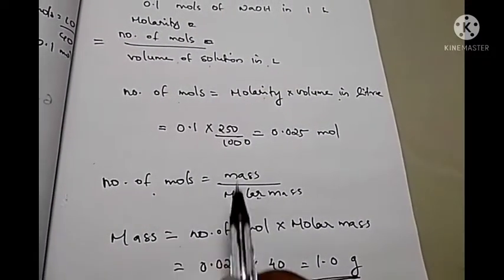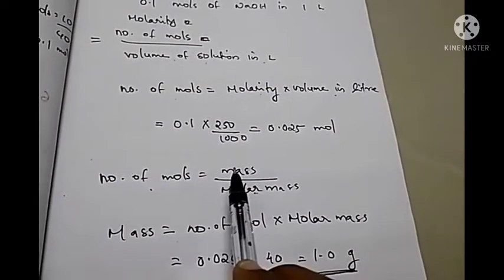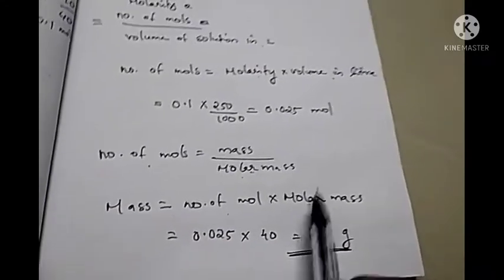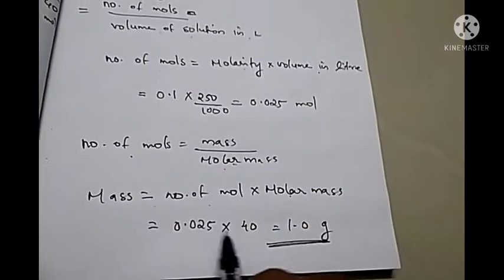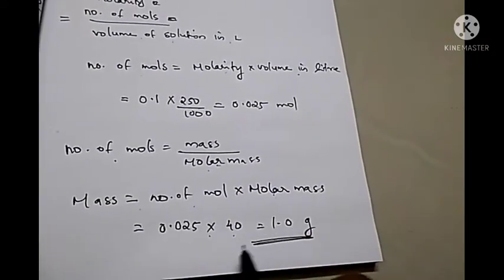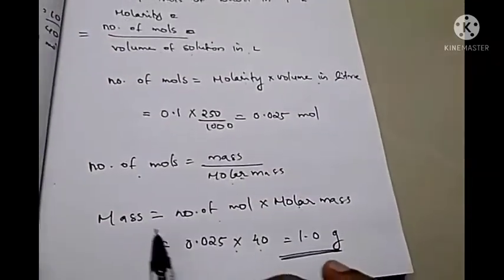From this we can calculate the mass. How can we calculate that? Mass is equal to number of moles into molar mass. Number of moles we got here, that is 0.025 into molar mass of NaOH is 40. So that is equal to 1 gram. Okay. So this is the way to calculate the number of moles and mass.